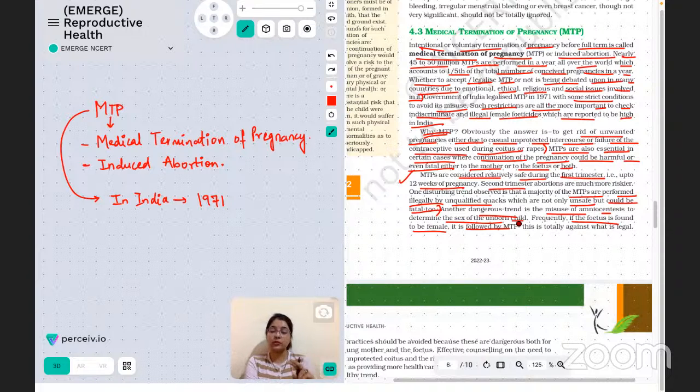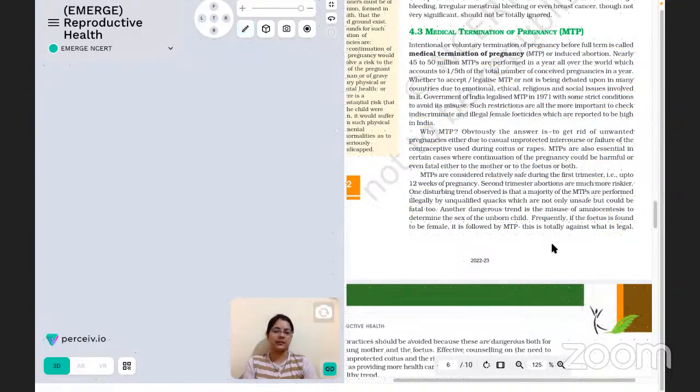So these are the two dangerous trends that have been followed with this MTP. This is totally against what is legal. तो ये legal तो नहीं है, लेकिन ये illegal side को indicate करता है. तो ये MTP के बारे में.